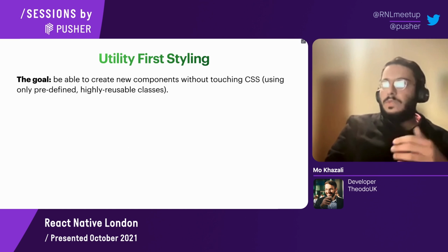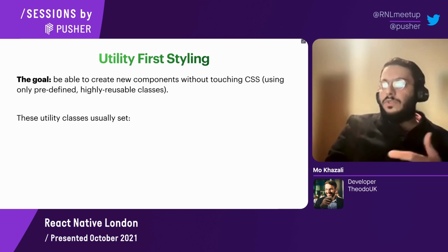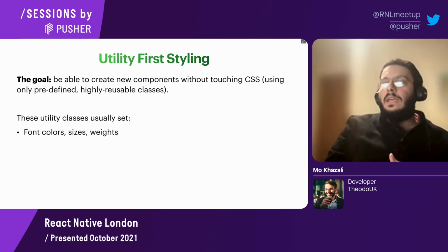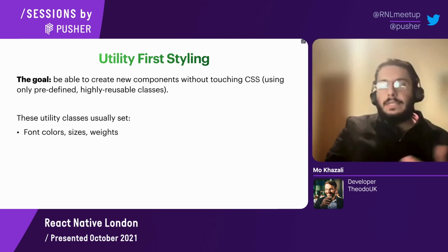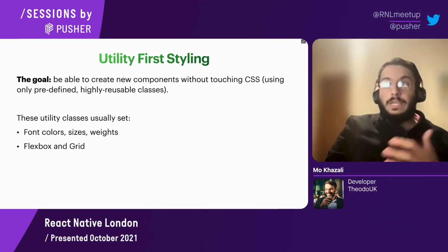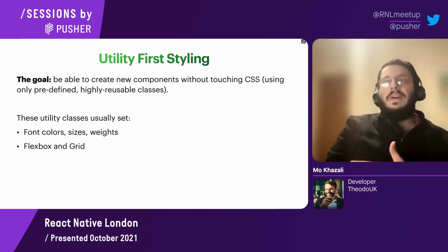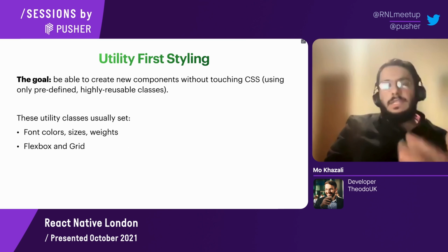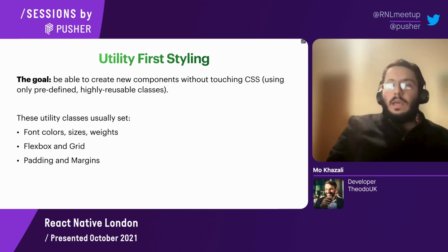So these utility classes are usually setting things like the font color, maybe the font size, the weighting of the fonts. Things like flexbox and grid is a very common piece of functionality that you'll find plenty of within your CSS. And also things like setting the padding and the margin.